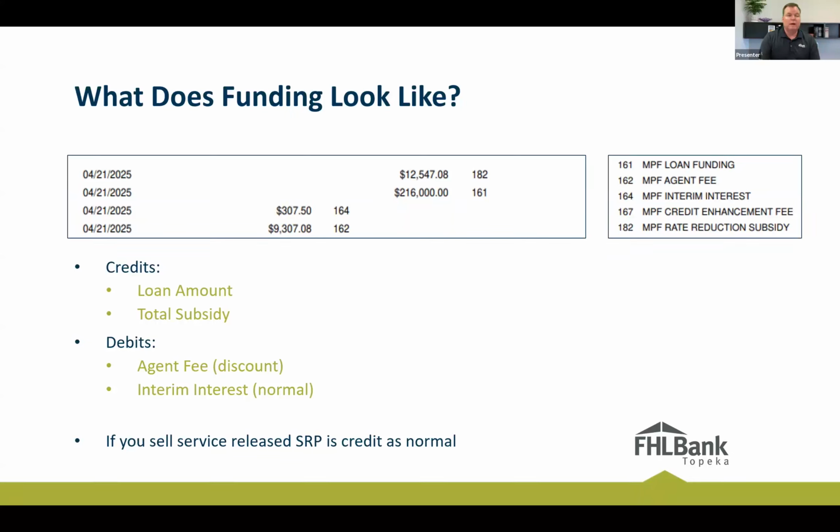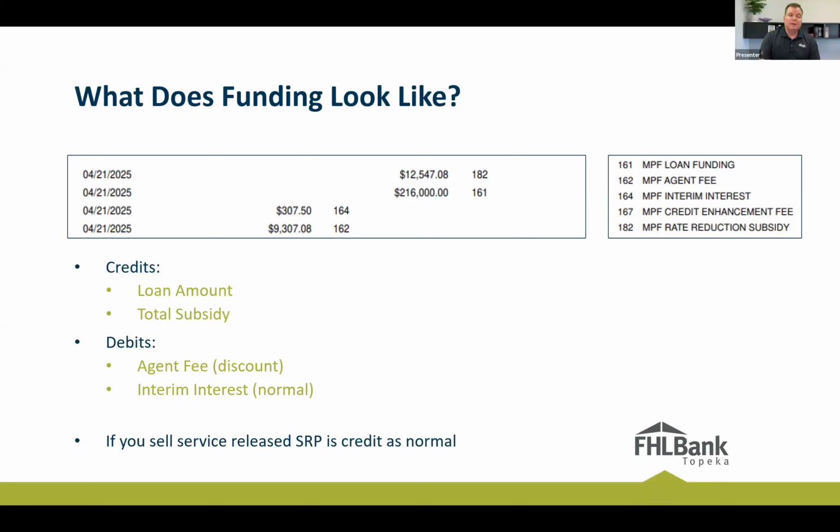So the loan amount and the total subsidy are credited. And then you'll notice there is the interim interest, or the 307.50, which is interim interest that will always be part of your loan transaction. And then the amount of the subsidy is debited.